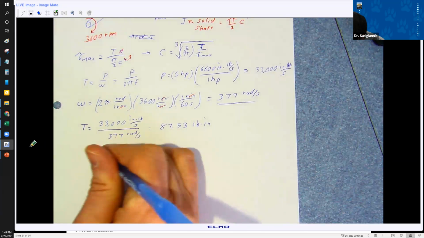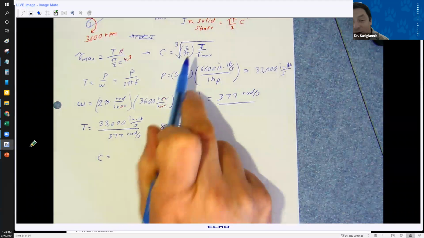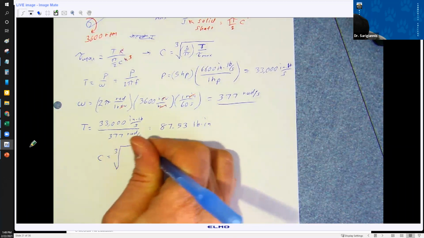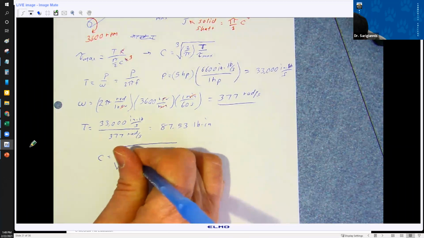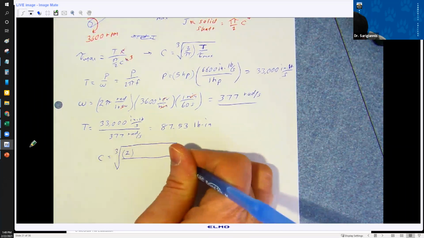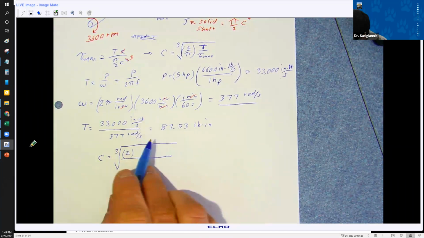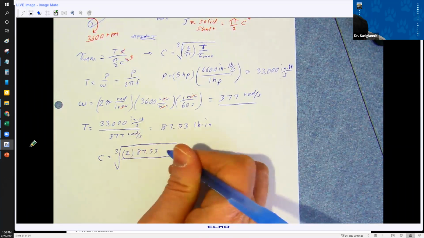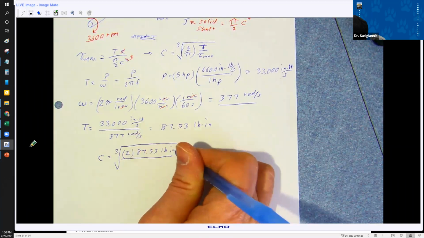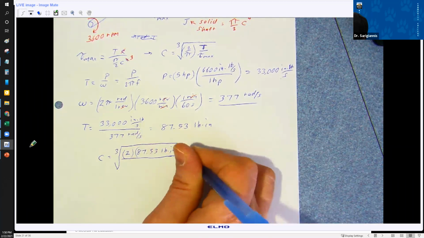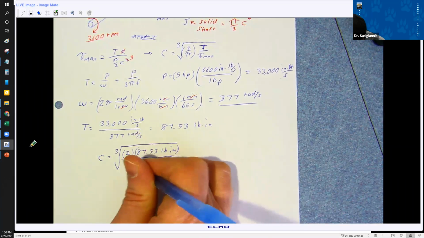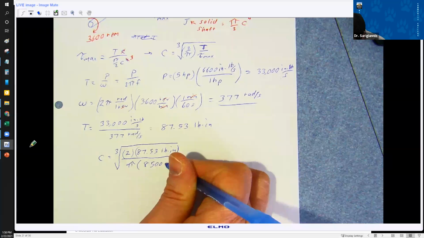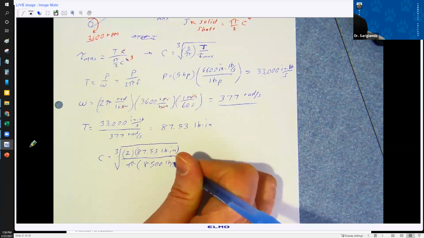Ooh, we're almost done. So now we're going to figure out the radius from up here. I've got the cube root of 2. I'm just going to leave the equation split up. I've got the torque on top, 87.53 pound inch, divided by pi times 8,500, in this case PSI, pounds per inch squared.